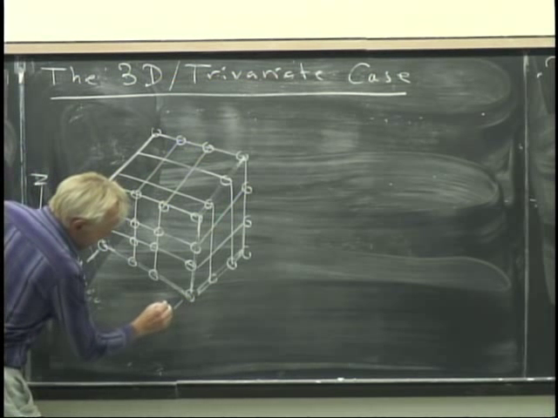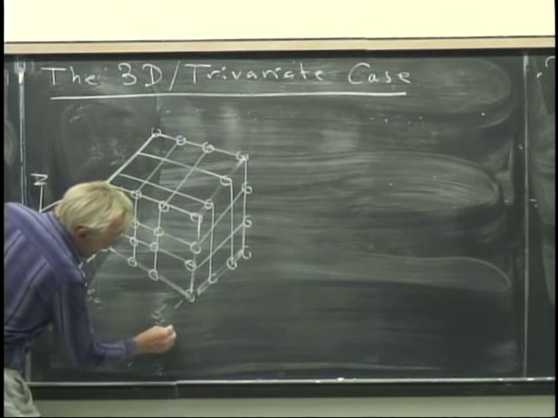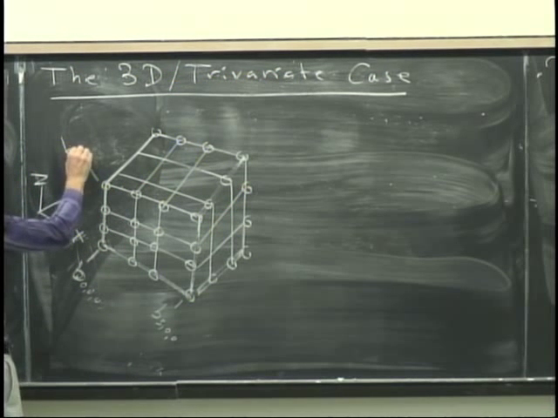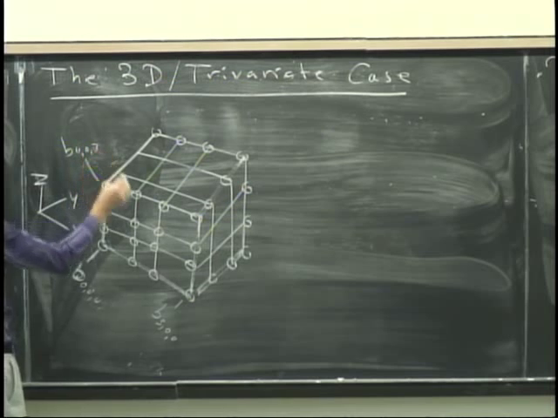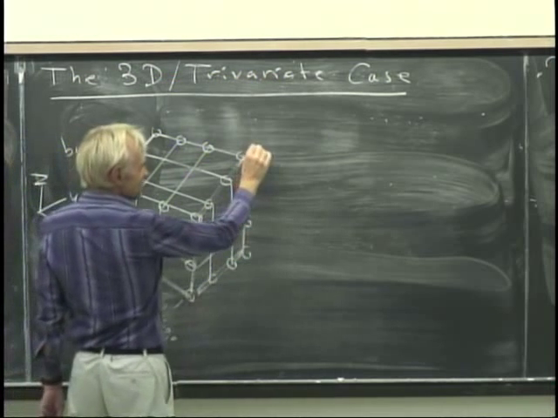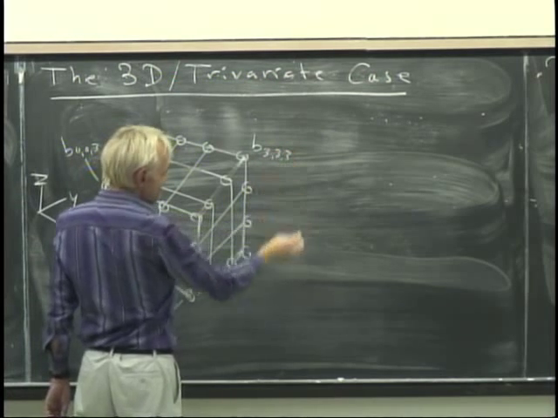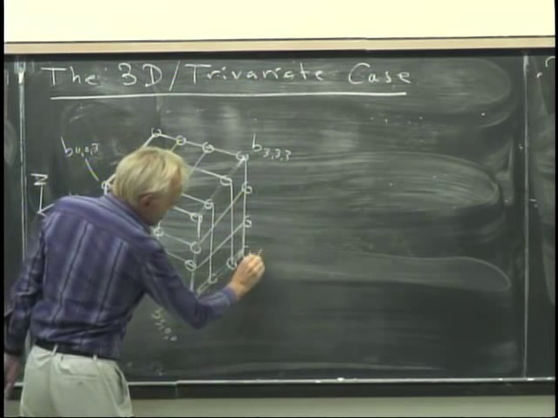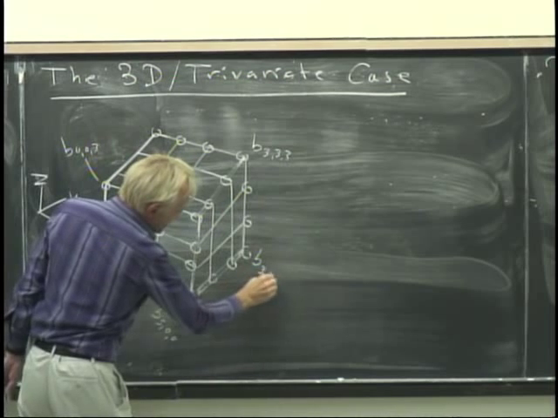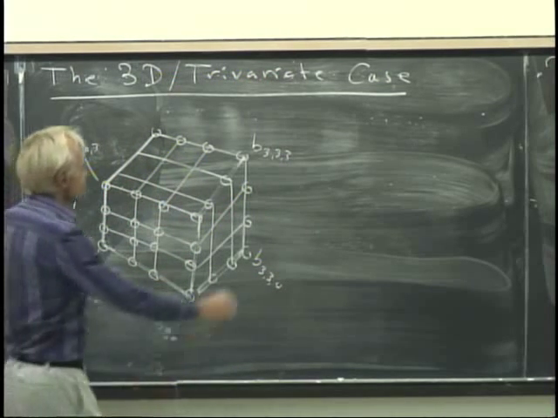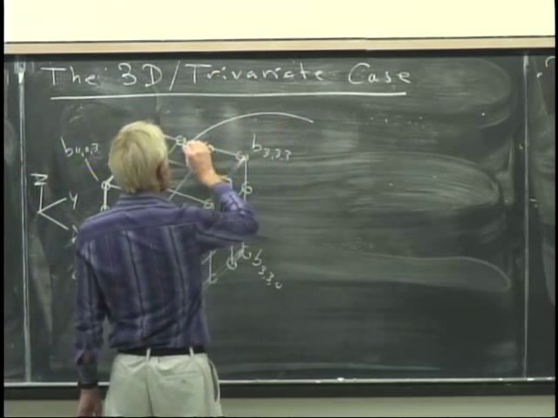This guy would be B 3, 0, 0. Another guy would be B 0, 0, 3. Upper top right would be the highest indexed one, B 3, 3, 3. This guy would be B 3, 3, 0, and so forth. So you get the feeling for that, right? So this is one building block.